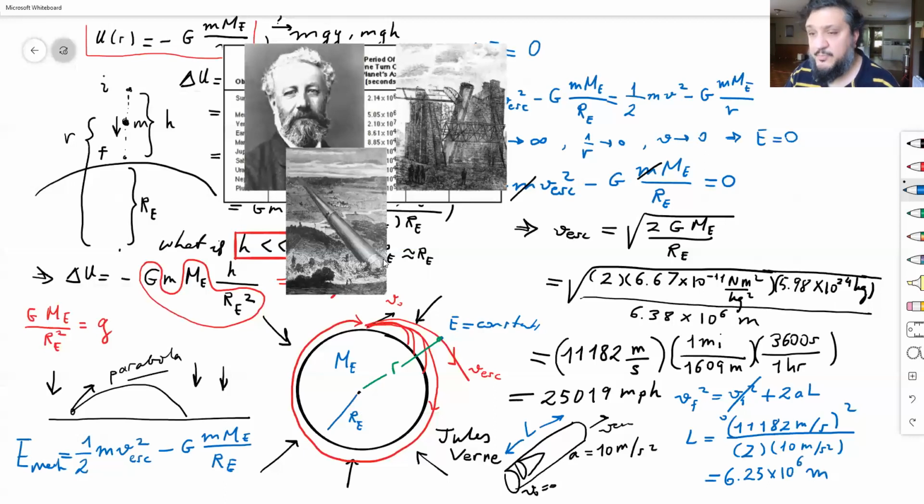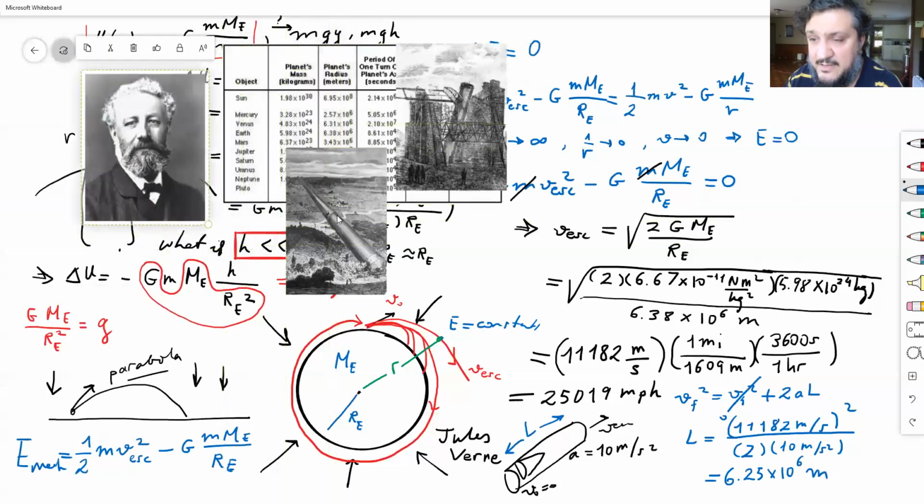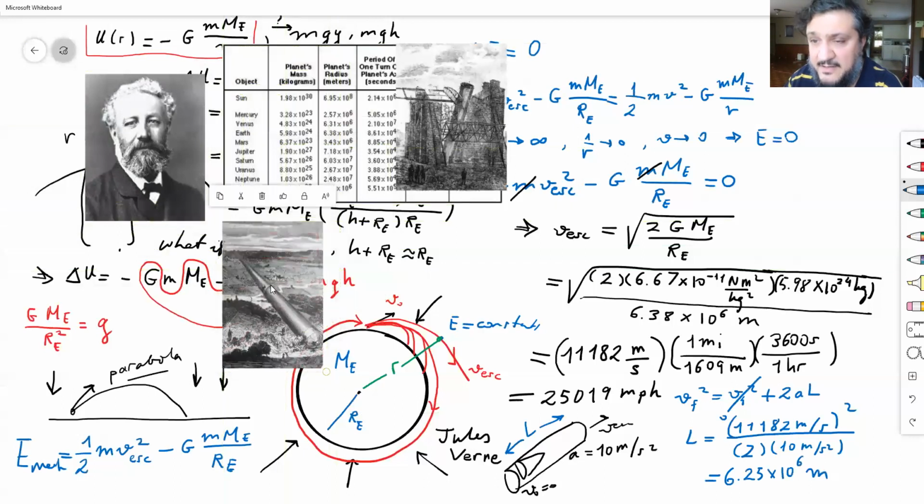In meters, compare this to the table we have here. Now look at the radii of the planets there. Well, you can build this maybe on Earth, which has a radius of 6.38, a little bit larger than this L. So you have to dig a really deep well on Earth.